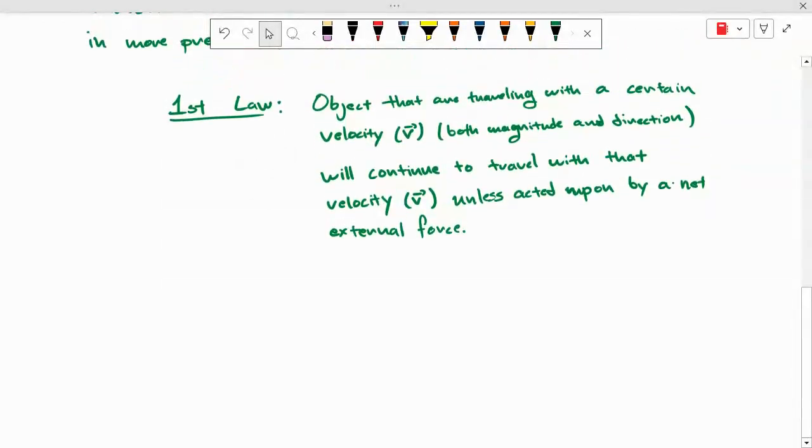Objects that are traveling with a certain velocity v, both magnitude and direction, will continue to travel with that velocity v unless acted upon by a net external force.